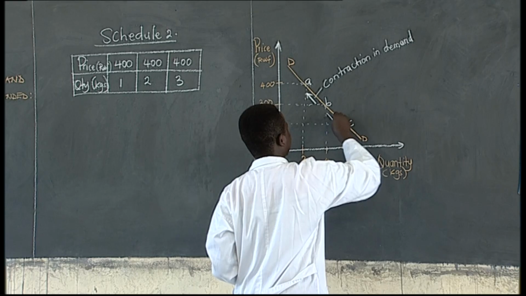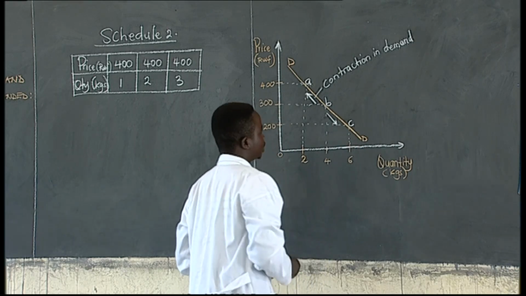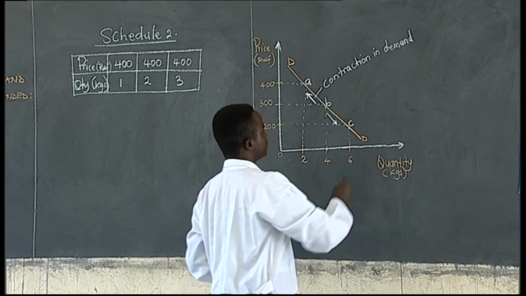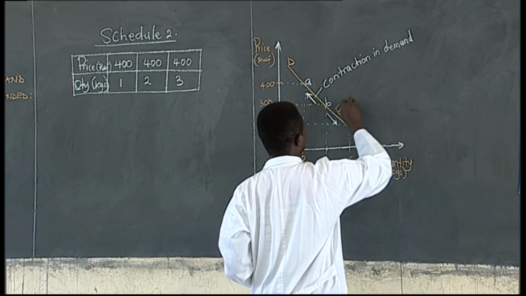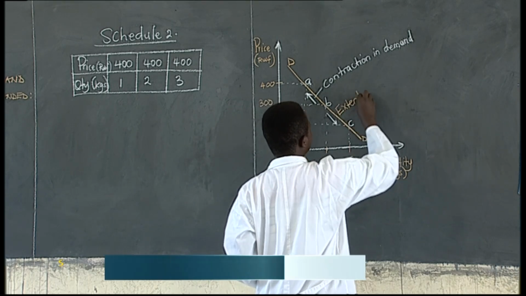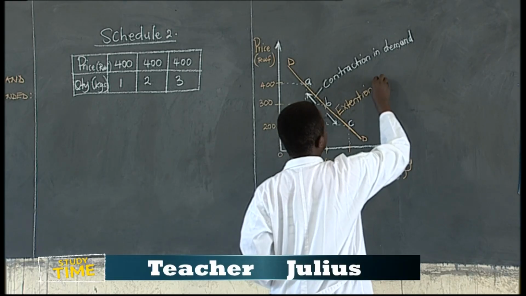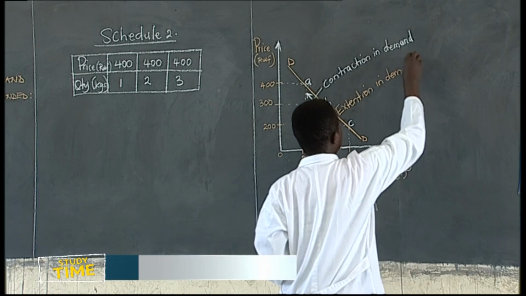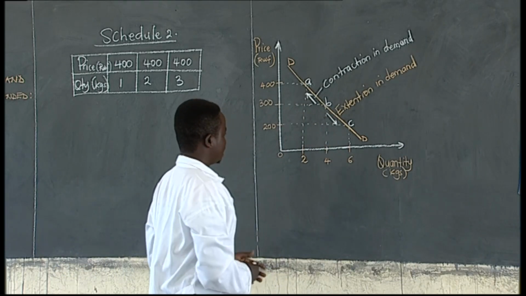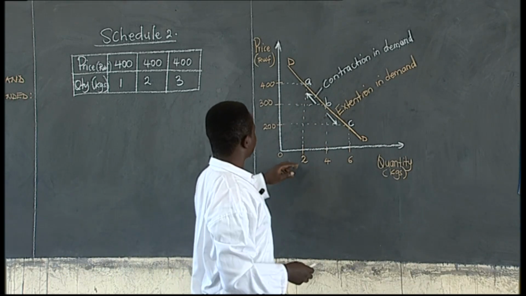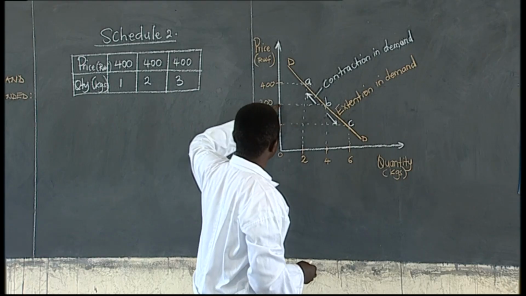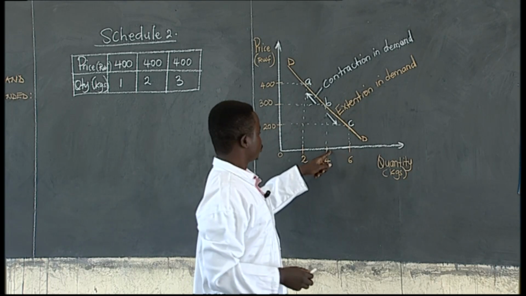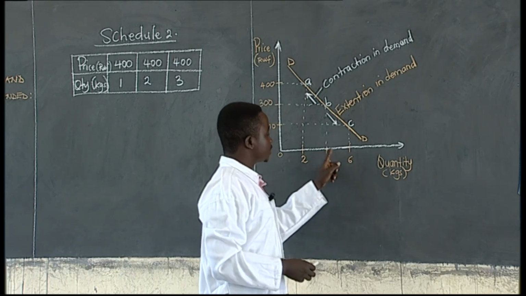Then you can also check from point B to point C along this curve. There is an extension in demand, which indicates that as price reduced from 300 to 200, quantity demanded increased from 4 units to 6 units.